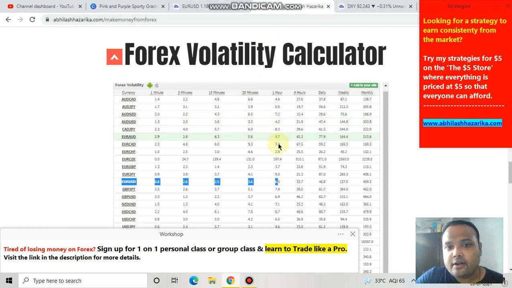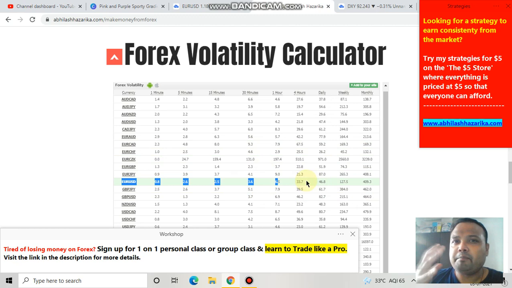If you are a day trader, then you know pretty well that 33 pips movement is not much, because out of 33 pips you will only be getting 10 to 15 pips. On the other hand, if you come down to the 1 hour chart, there was only a movement of 6.5 pips, which is very less. So if the market crosses any level, just come down to the Forex volatility calculator and see how the movement is.